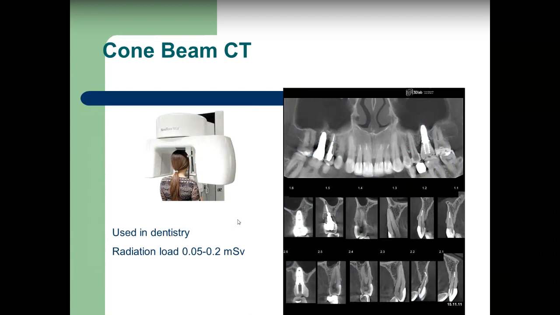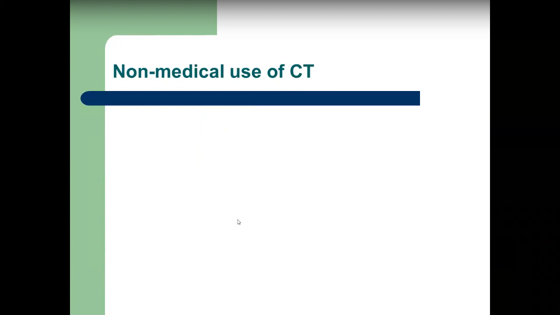It has a small radiation dose and is used only for the maxillofacial area. So you can find teeth, you can find the alveolar process, but nothing about other areas or organs.